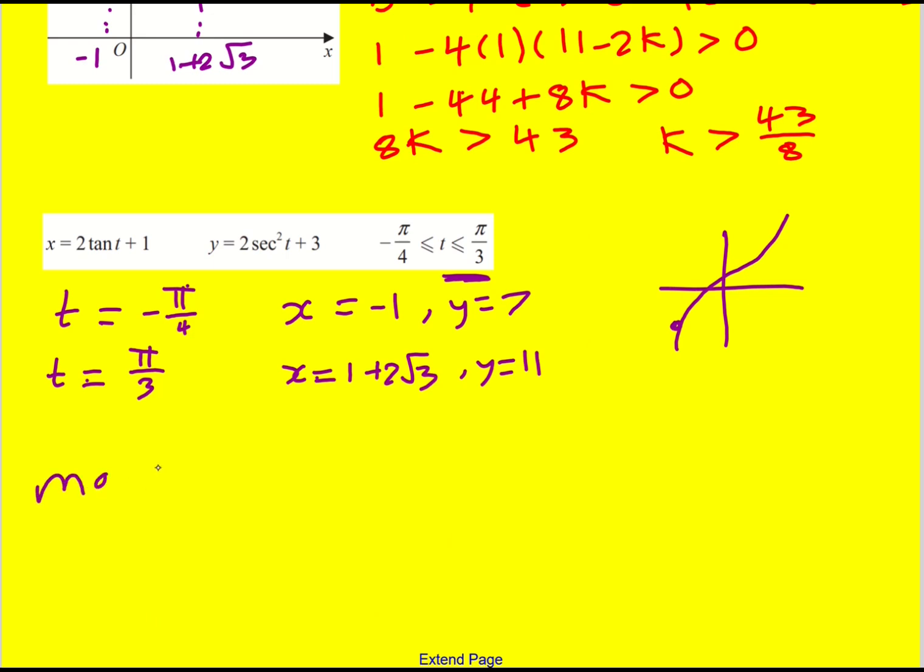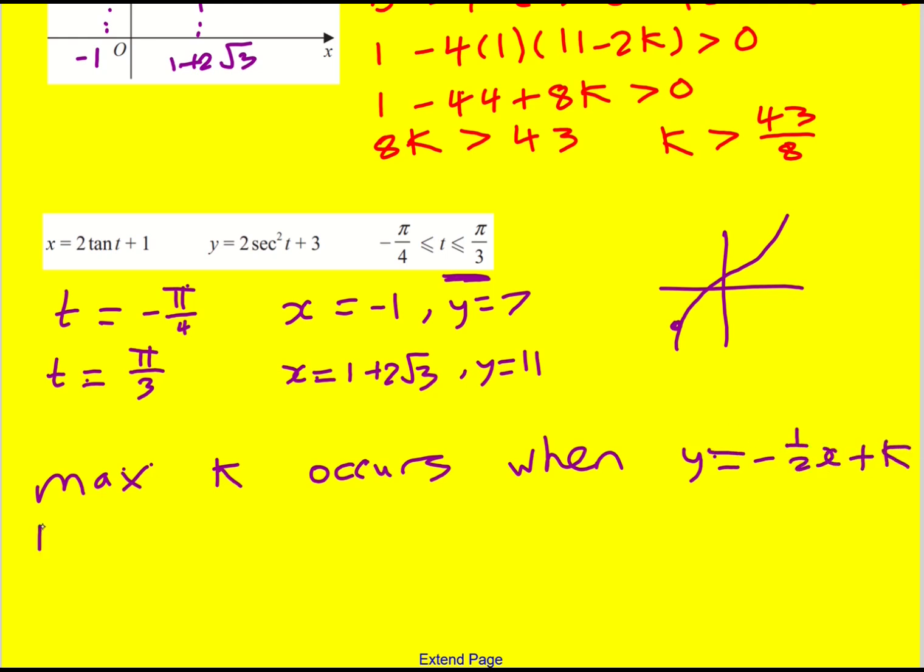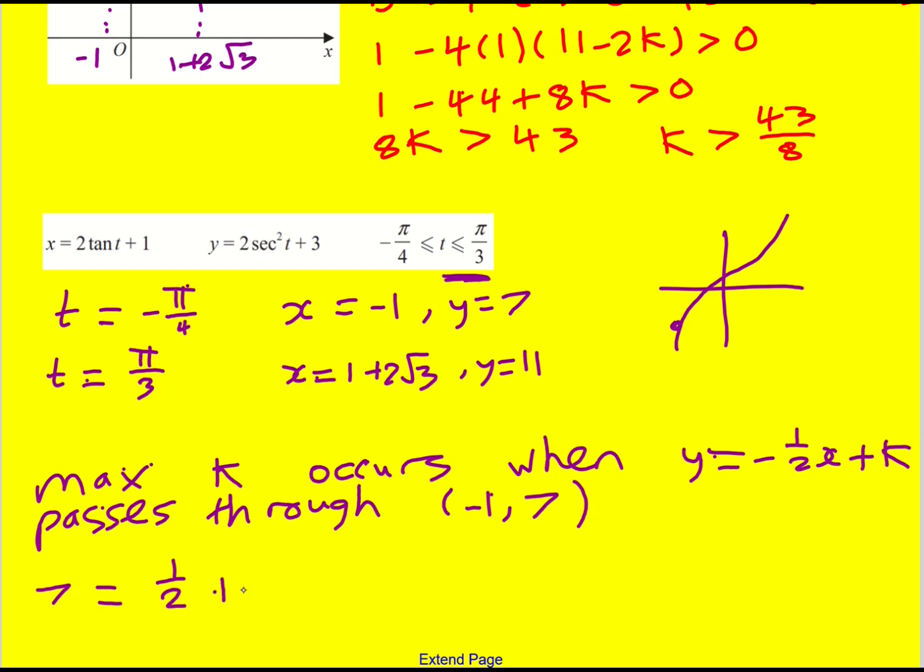So the maximum k occurs when y equals minus a half x plus k passes through minus 1, 7. So 7 here will equal a half, because it's a minus a half times minus 1, plus k.